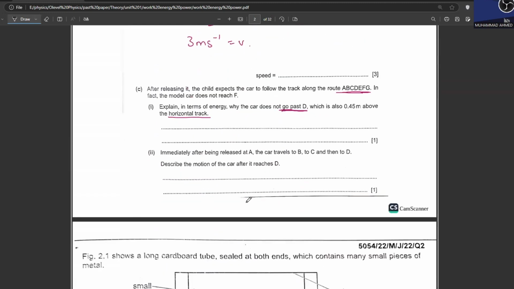You can write it here. Explain in terms of energy why the car does not go past D, which is also 0.45 meter above the horizontal track. Why?